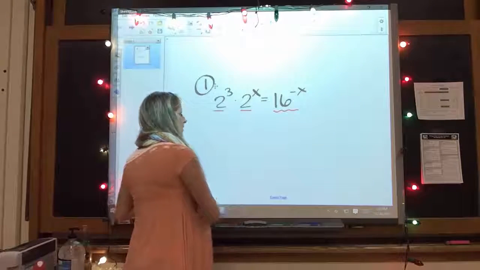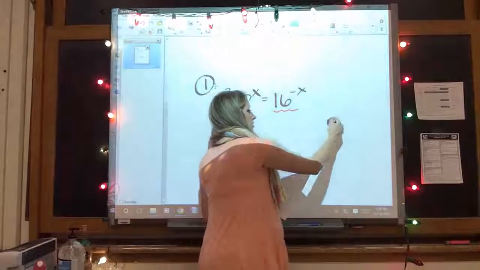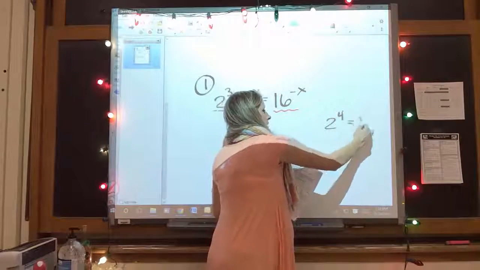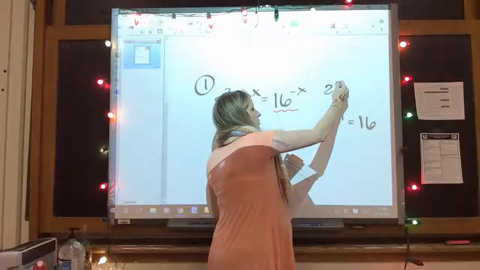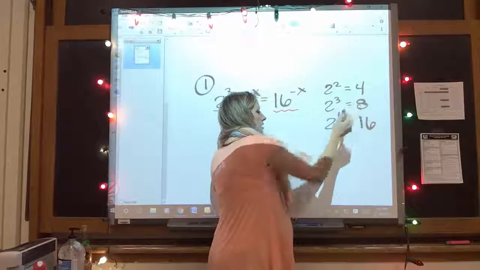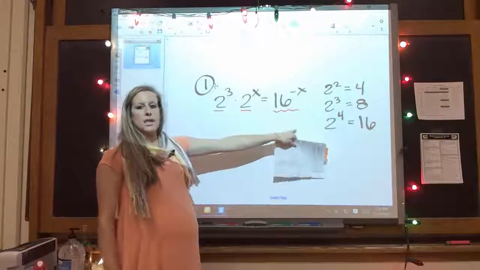And you actually can. So 16 would be 2 to the 4th power. And you can kind of like put in your calculator 2 squared and see what you get. 2 cubed, see what you get, until you get 16. But we're trying to get all of these to have the same base.